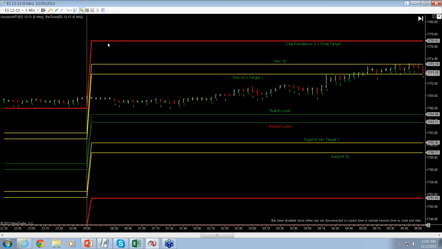But first, the indicator that is the genesis of everything else that you'll see are these levels, the GnosTICK levels.